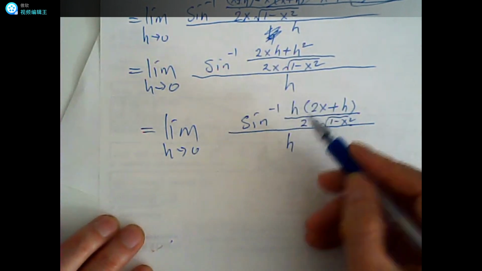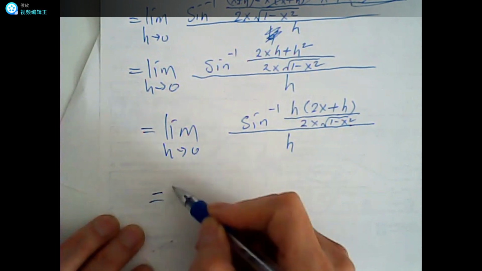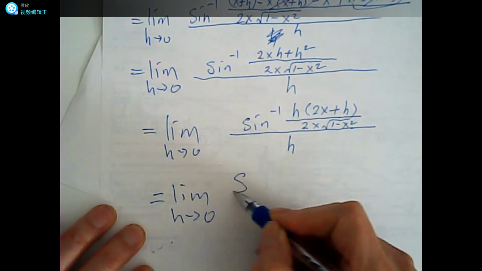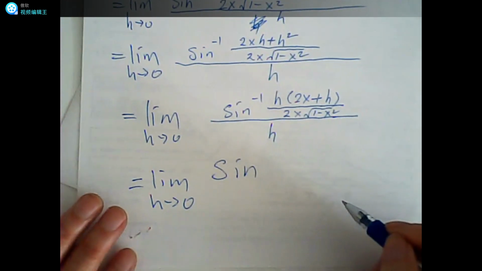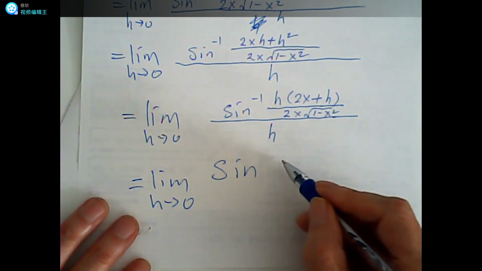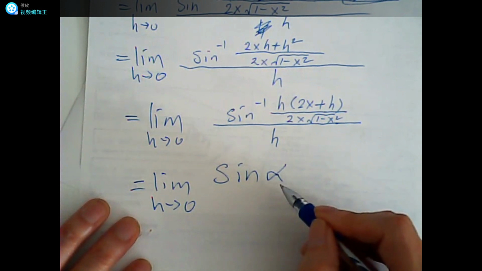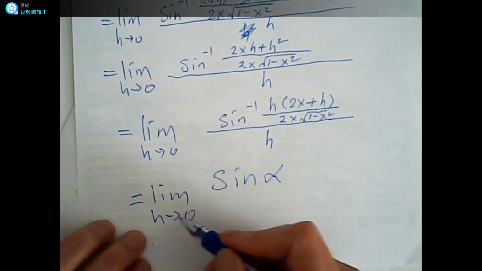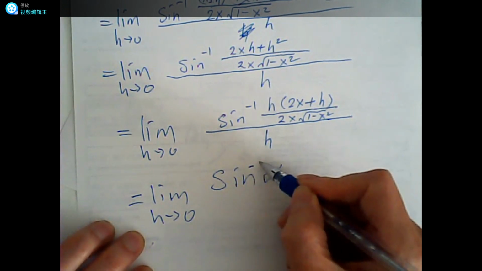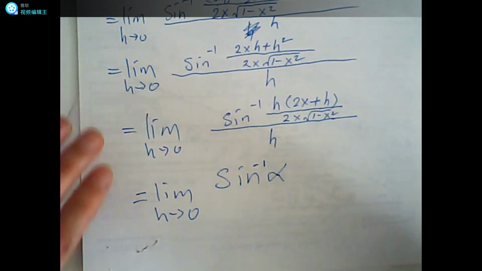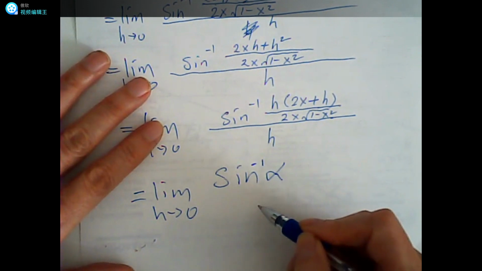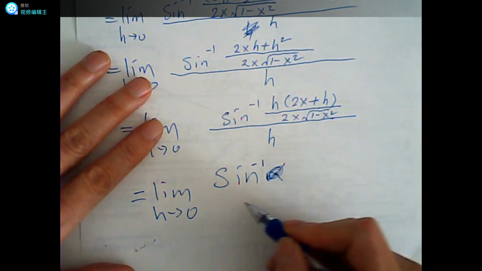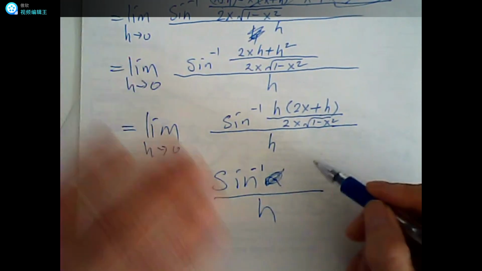This means as h approaches 0, this is over h.